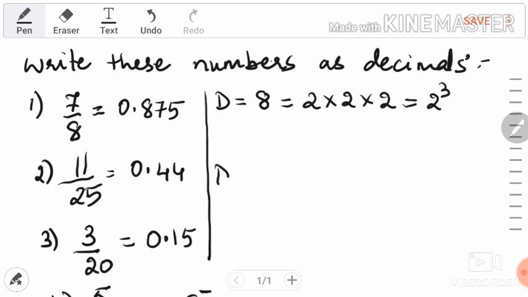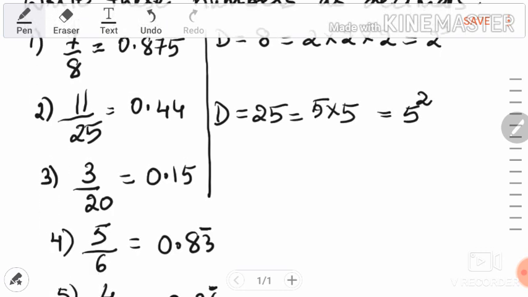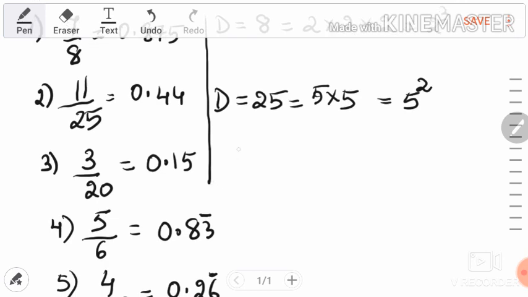Let's take the denominator in the second example and find its factors. 25 can be written as 5 into 5, which is 5 to the power 2. Third example, the denominator is 20.